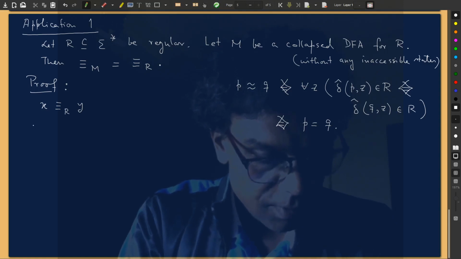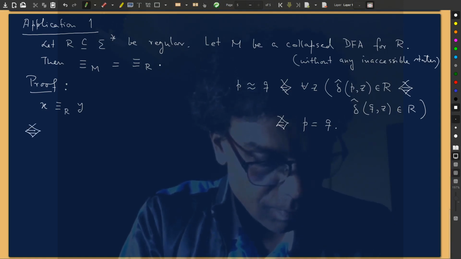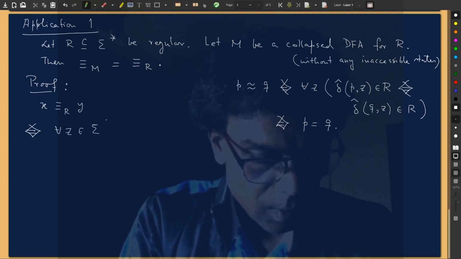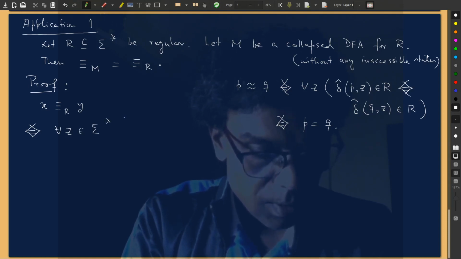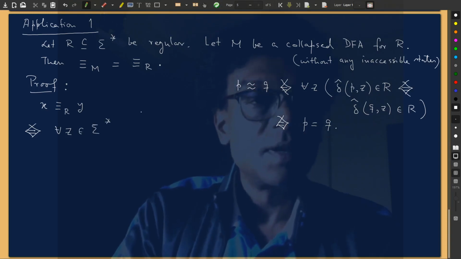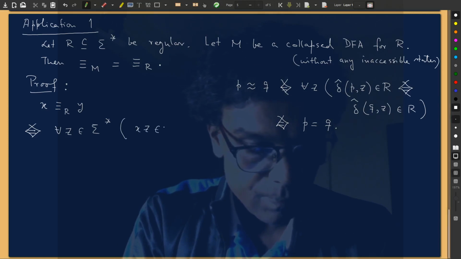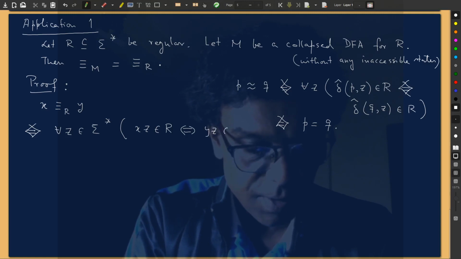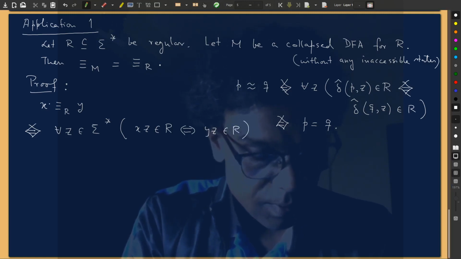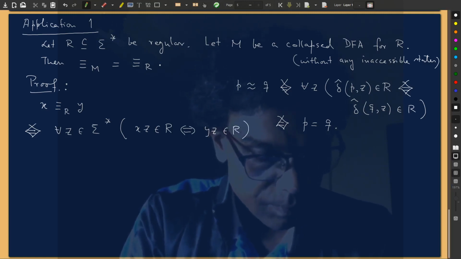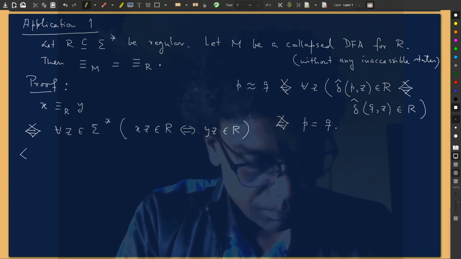So x is related to y if and only if, by definition, for all z in sigma star, xz is in R if and only if yz is in R. This is the definition of this relation.